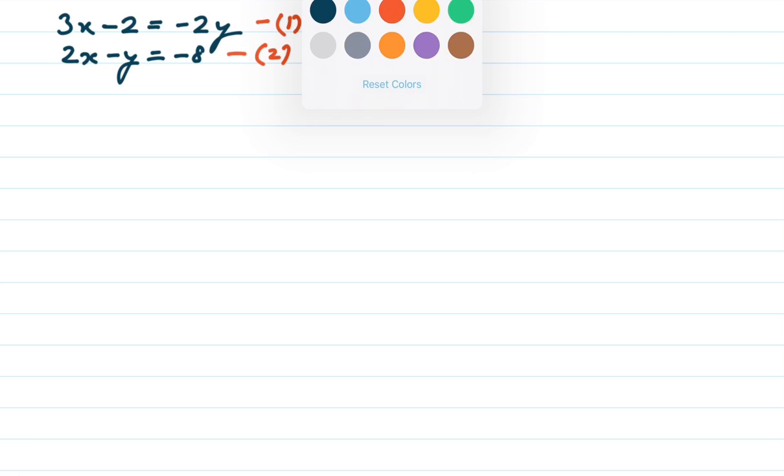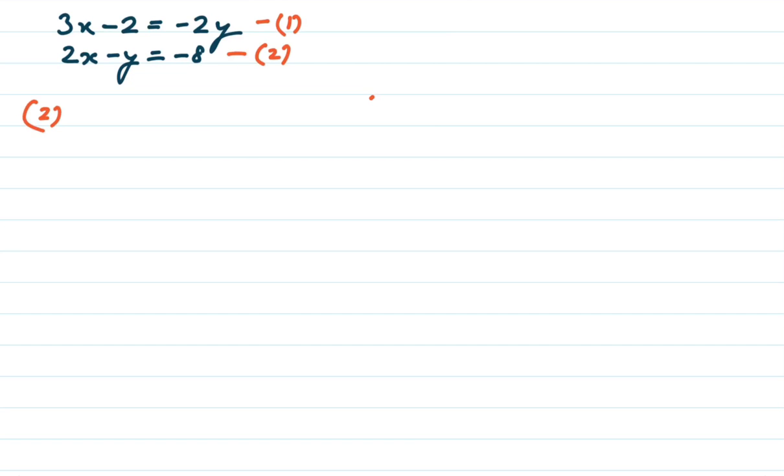Let me say, if I take my second equation, it's going to be 2x minus y is equal to negative 8. So if I want to find y in terms of x, it's going to be 2x plus 8 equals y. It can be written any way. You can write y is equal to 2x plus 8.